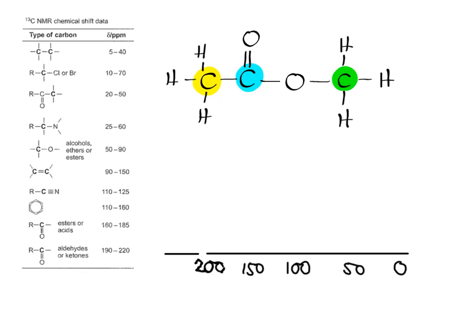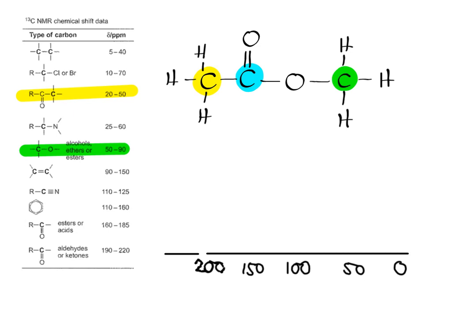Again, see if you can find where these carbons are on the table on the left hand side. The yellow carbon is a carbon living next door to a carbonyl group, so that's going to be one of those. The green carbon on the right hand side is a carbon directly bonded to an oxygen, as it says there, in an ester.